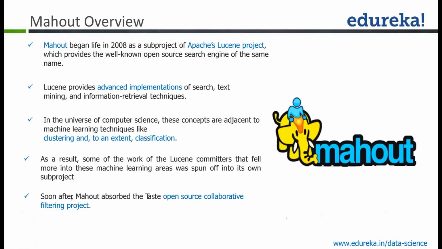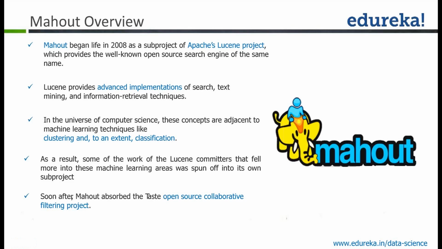Then they realized the importance of having a library of pre-packaged implementations, and they started this new project called Mahout, which is again part of Apache, and therefore it's open source. You can download it, and most of the Hadoop installations actually come with it, whether it's Cloudera or Hortonworks or IBM or Oracle, whatever the Hadoop distribution, Mahout comes with it.